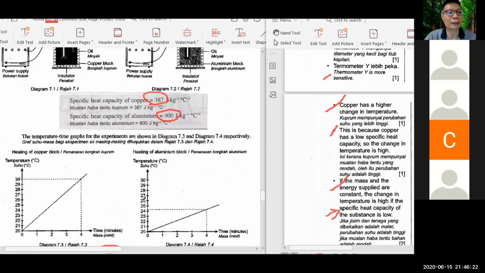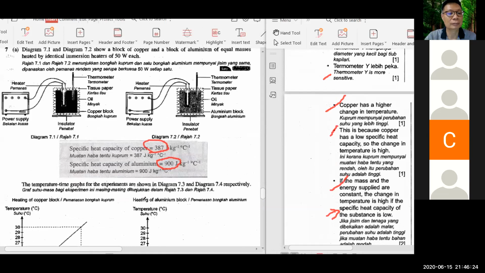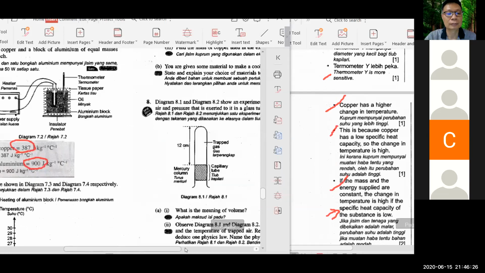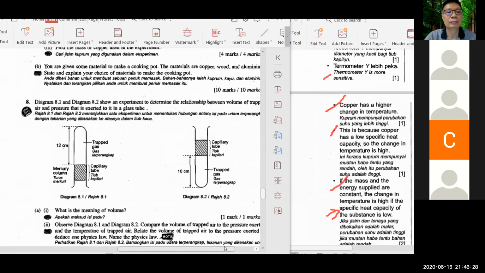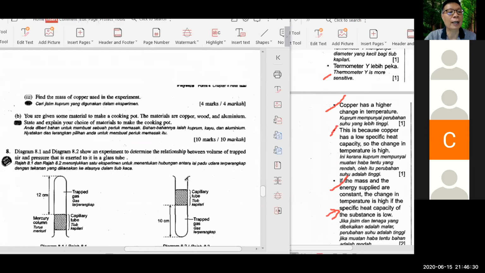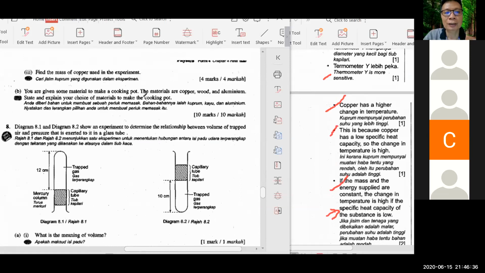Next part of the question. Find the mass of the copper used in the experiment. To find the mass, you definitely have to use the formula P T equals m c theta. P T equals m c theta.